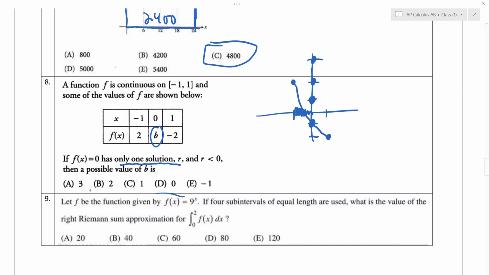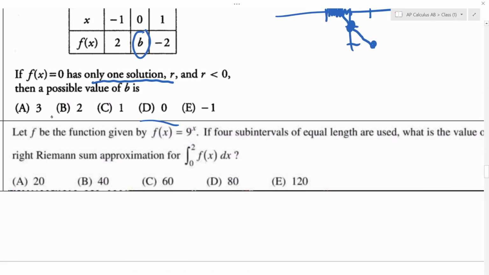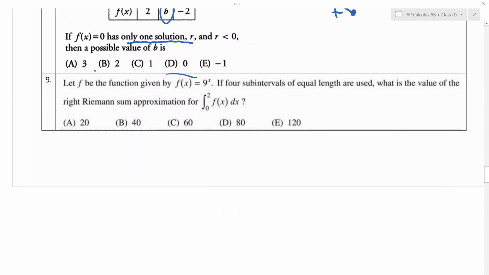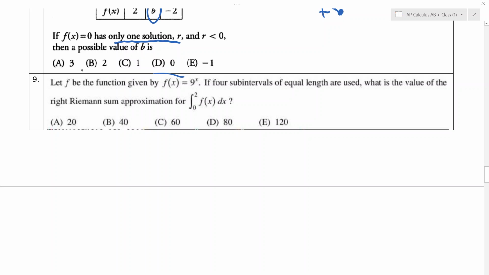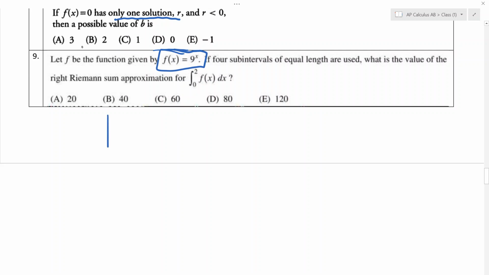All right. And last but not least, number 9. You might see one question like this on the AP test where they ask you to do a Riemann sum by hand. All right. We want to integrate this function. We did several of these from 0 to 2 with 4 subintervals, which means how big is each interval going to be? 1/2.